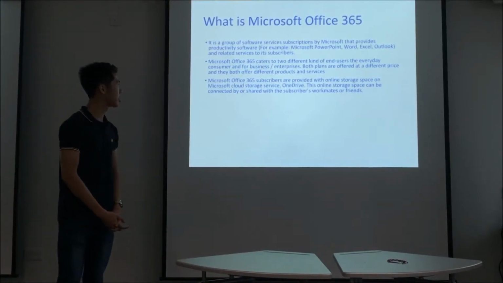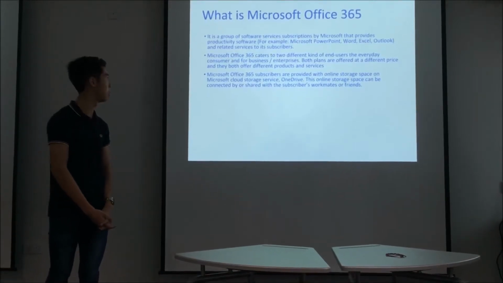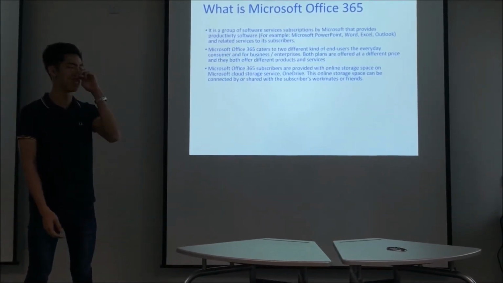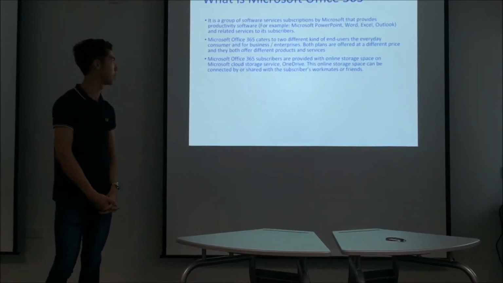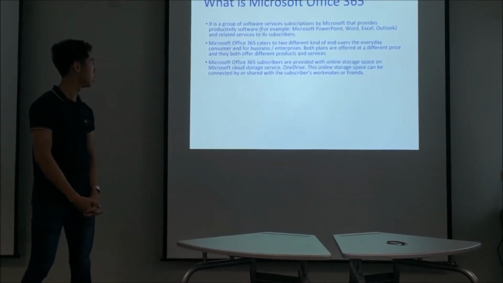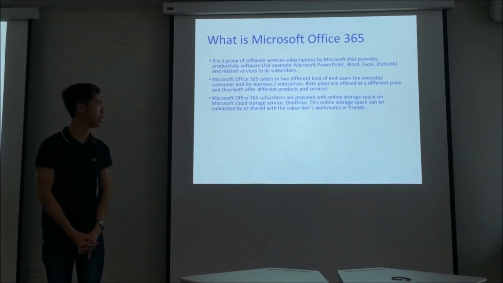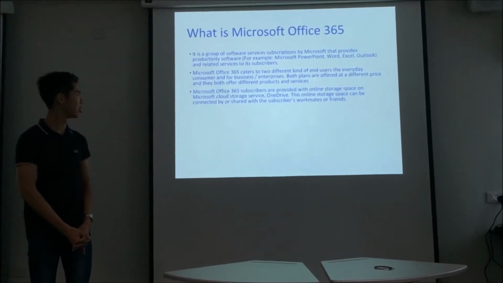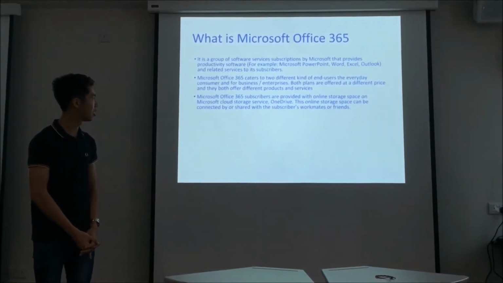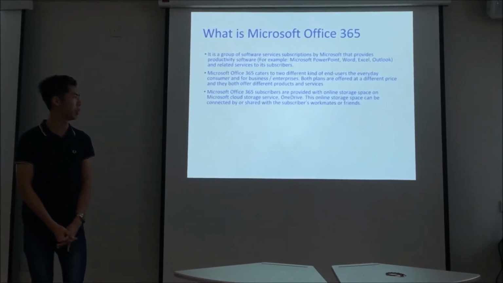Office 365 caters to two different kinds of end users: the everyday end consumer and business enterprises. Both plans are offered at a different price and they offer different kinds of products and services. Office 365 subscribers are also provided with online storage space on Microsoft cloud storage OneDrive. This online storage can be connected by or shared with the subscribers' workmates or friends.